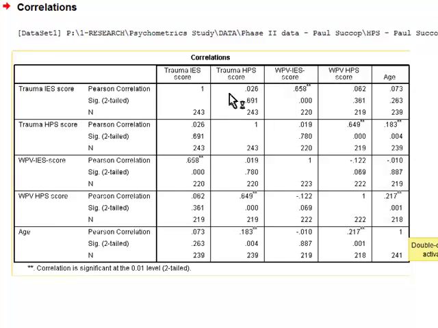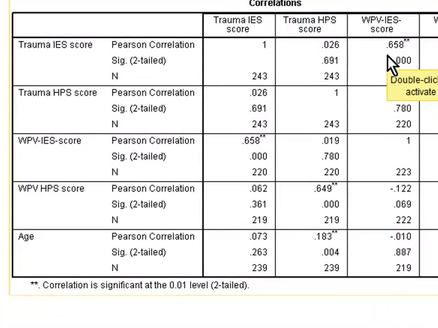And you'll see here that this has a very weak correlation of 0.026. Not surprisingly, it is not significant at 0.691. This correlation of workplace violence IES with trauma IES is moderate, approaching strong, at 0.658. And you'll see that this one is also significant at a p of less than 0.001.